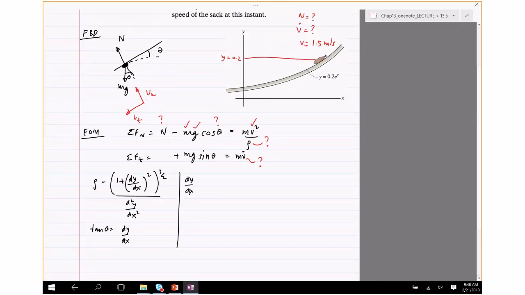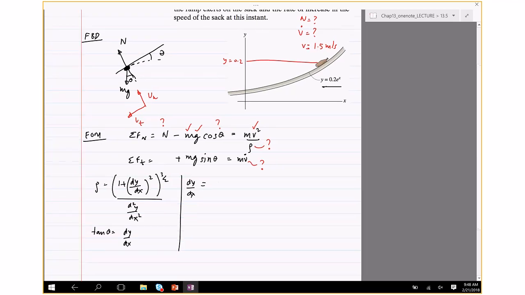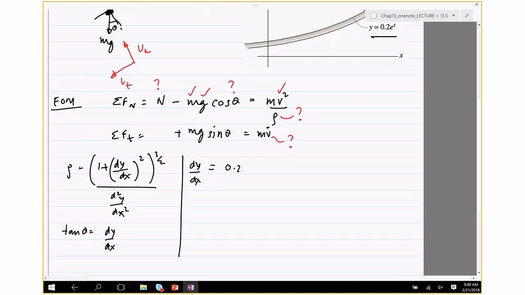It's y equals 0.2 e raised to x. So dy/dx is 0.2 times the derivative of e raised to x, which is e raised to x, and d squared y by dx squared is 0.2 times the same thing.